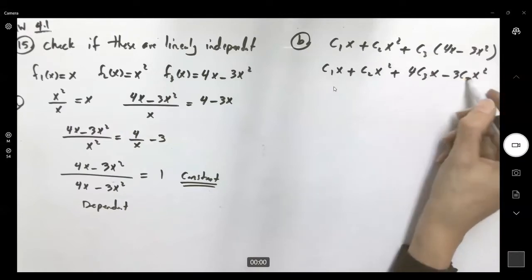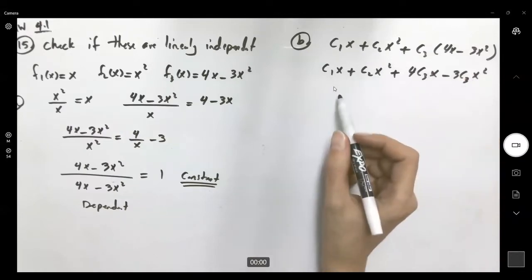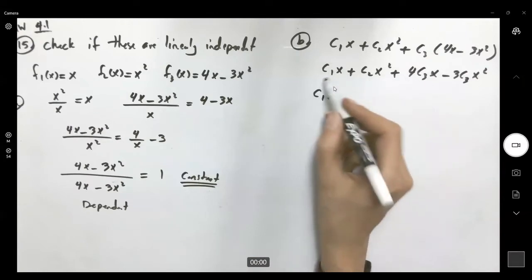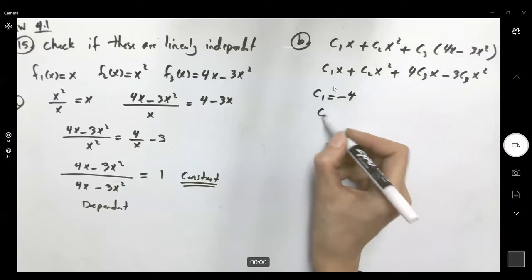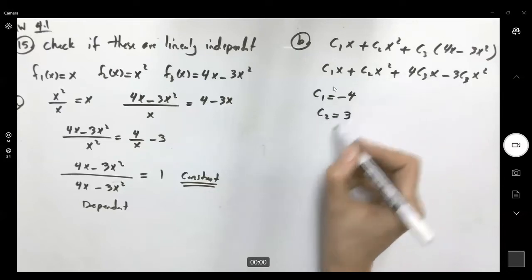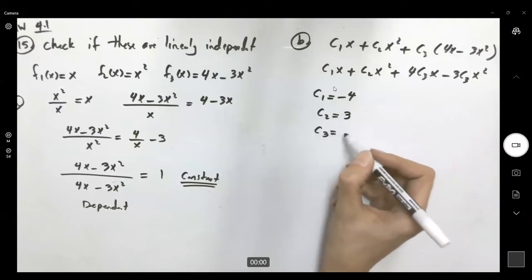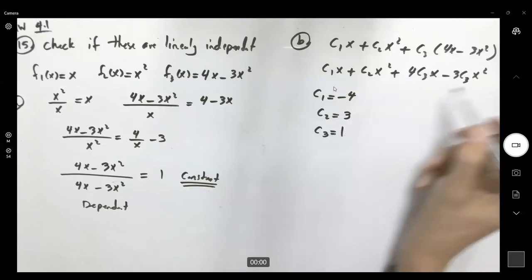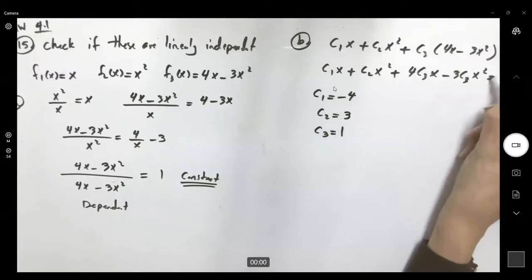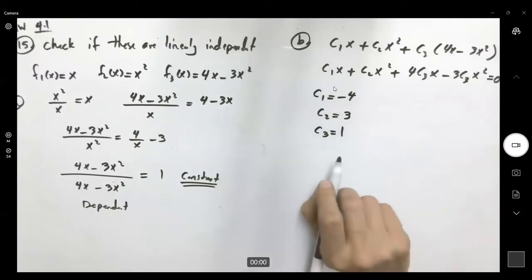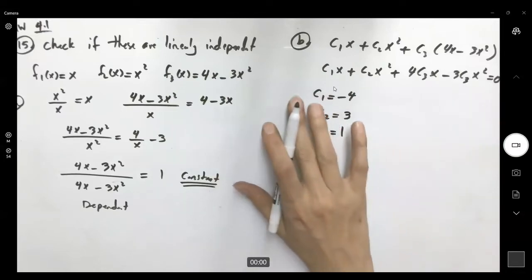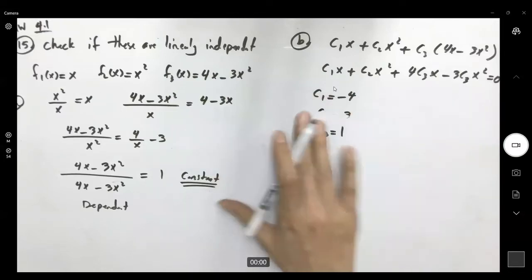So by taking C1 equals to -4 and C2 as 3 and C3 just 1, we see that the linear combination becomes 0. So another method is just by investigation, finding C1, C2, and C3.